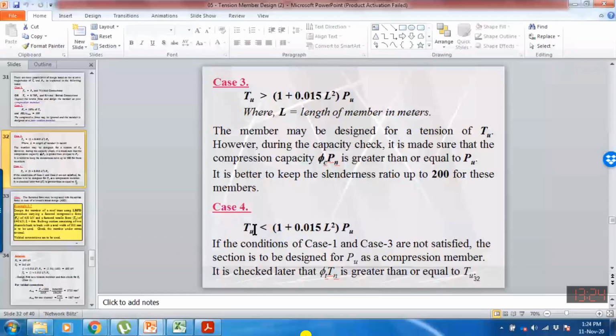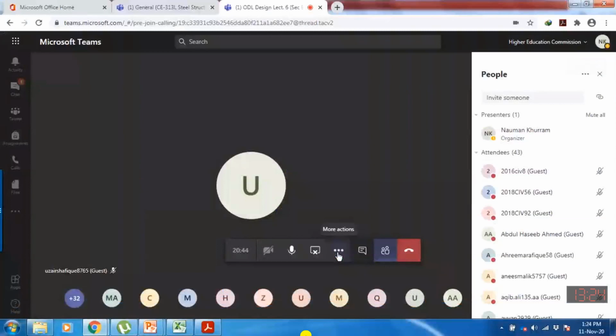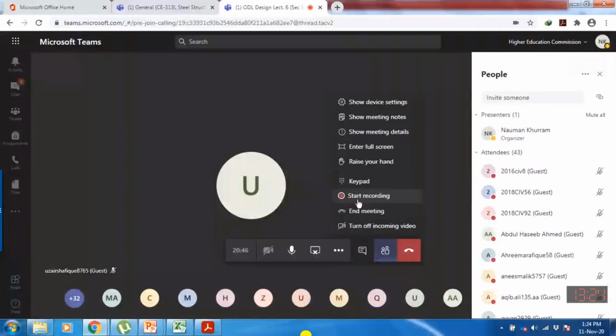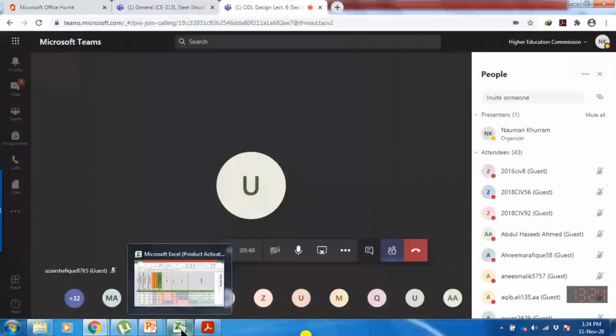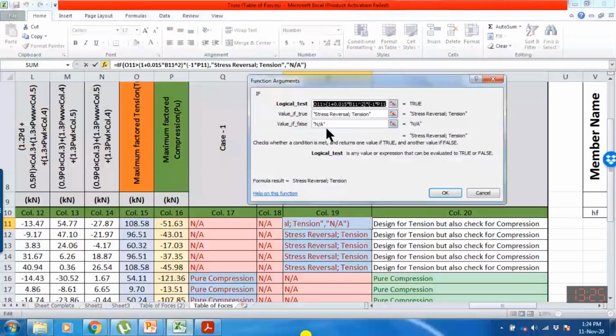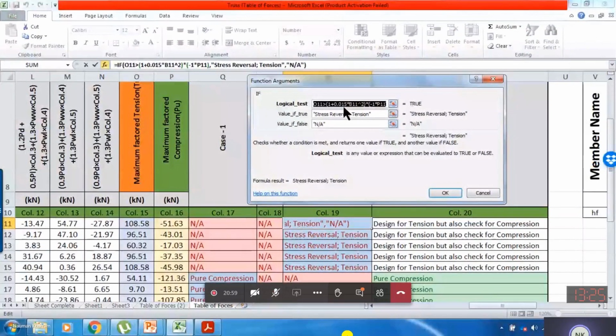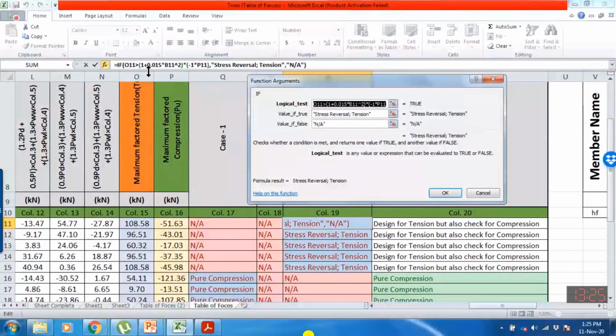So here you will see what he is doing. Actually, I think I forgot to start the recording. So here, just see, in this case, what formula he has used. If you are checking this formula, this is 1 plus 0.015 into B11.